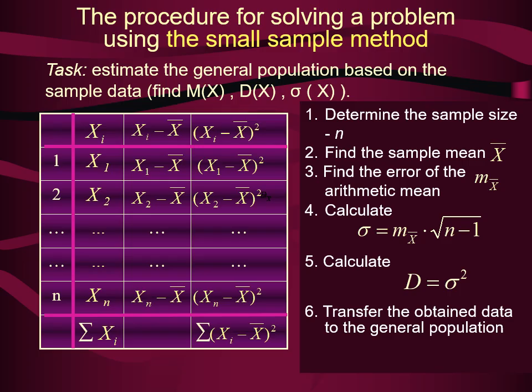After you find the value of the arithmetic mean error, you will need to calculate the mean square deviation, sigma. It is calculated according to this formula in this case. The mean square deviation, denoted by sigma, is expressed from the calculation formula and the found value of the arithmetic mean error.